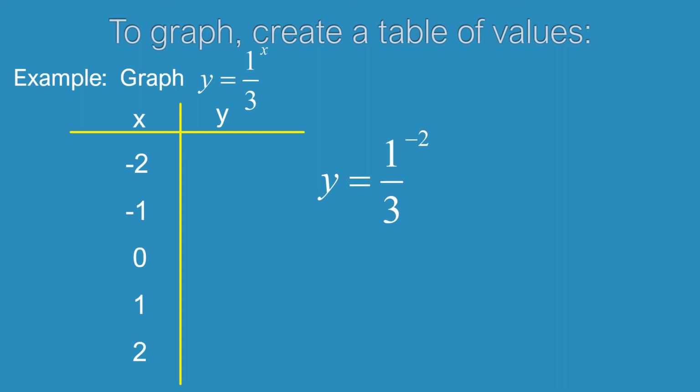But now I have to flip it because of the negative, so that'll be 9. y equals 1/3 to the -1. Again, if it was just 1, it would be 1/3, but that negative sign tells me I have to flip it, so it'll be 3. Anything raised to the 0 power is 1. 1/3 to the 1 is just 1/3, and 1/3 squared would be 1/9.